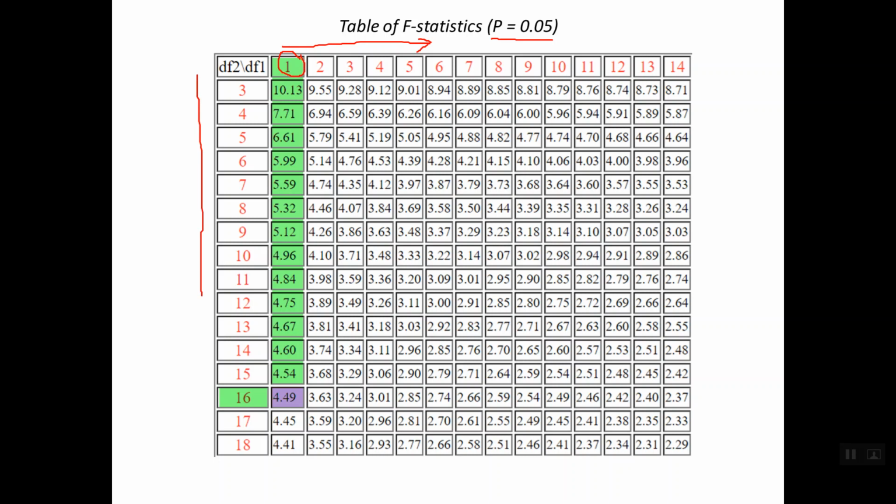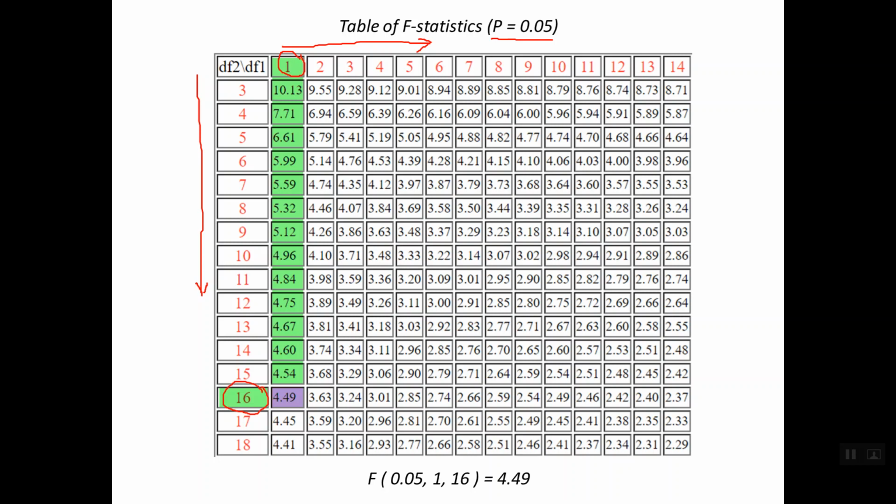And for the second degree of freedom, it is the degree of freedom for the error, which is 16. So the intersection between these two degrees of freedom is 4.49.